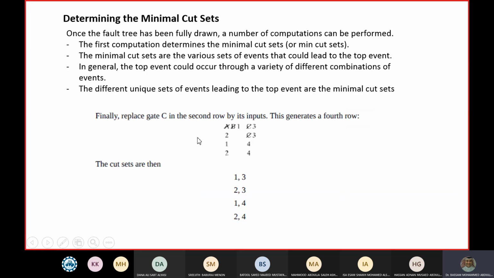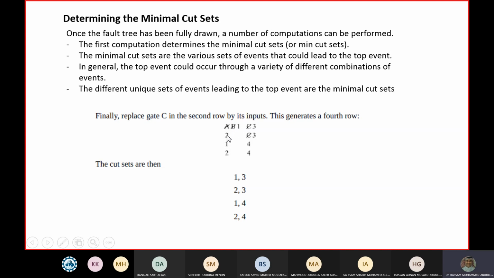And this is where this guy started putting these cut sets. He says that now A, I'm going to cross A and put B, because I can only replace A with B. If I want to replace B, I'm going to cut B and replace it with two conditions, 1 and 2.